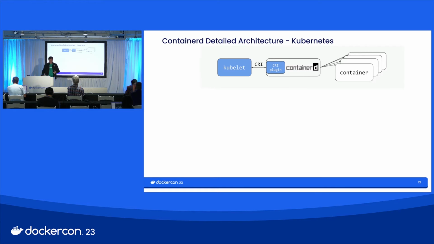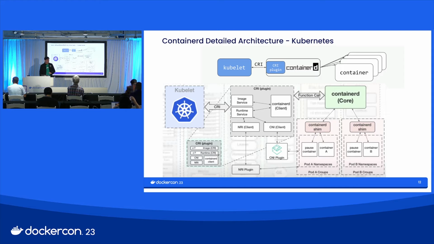And that's the main reason you have to install those runtimes when you want to work with WebAssembly. If you want to go into more detail, that's how it breaks down. When the kubelet calls, it has the image service and the runtime service, and then they're using the containerd client. Remember the API there, the containerd client that's in Golang.